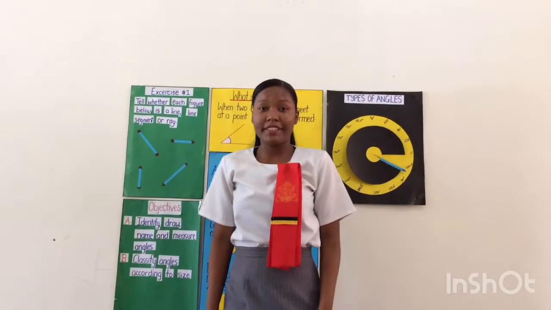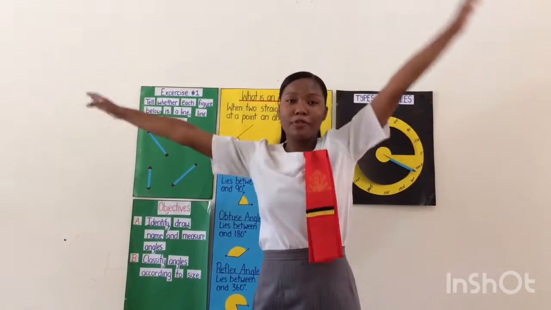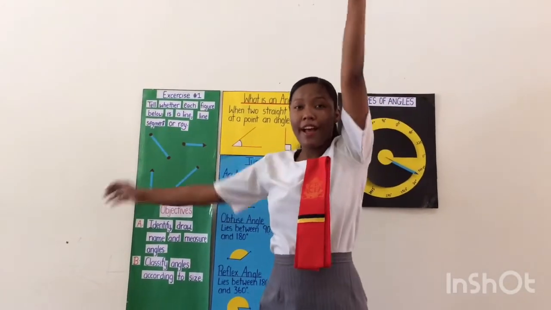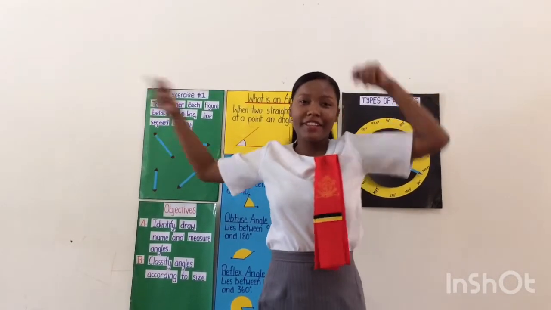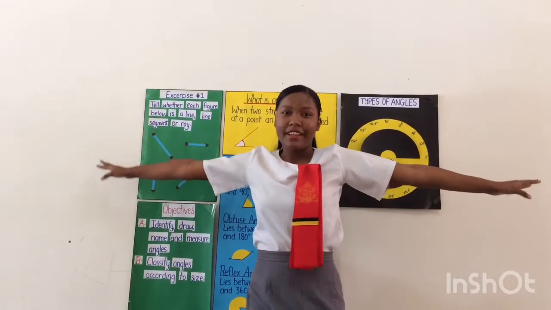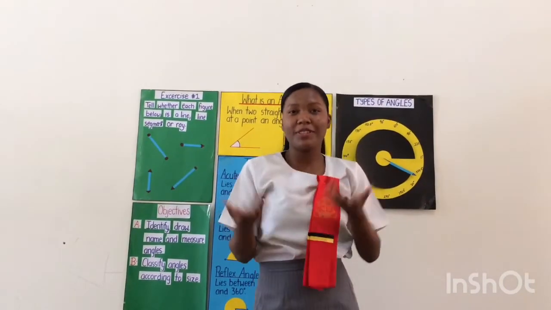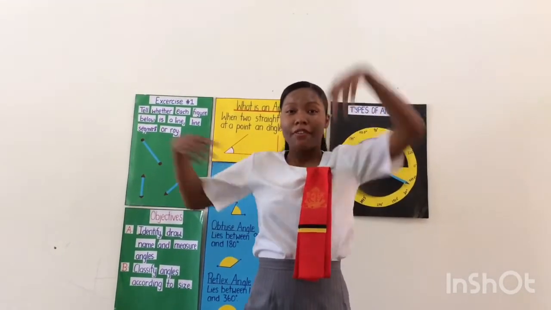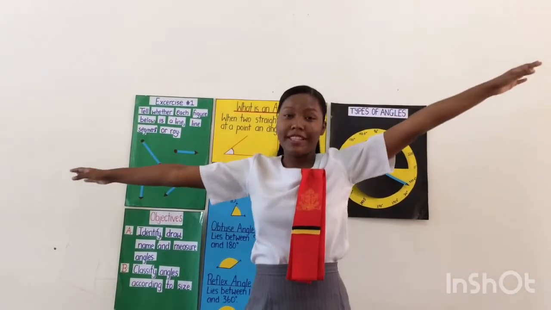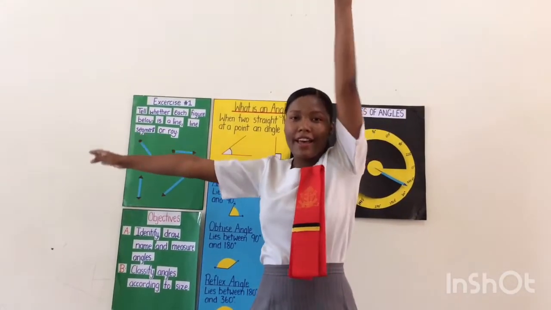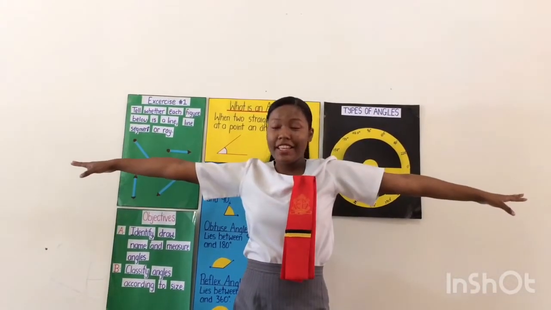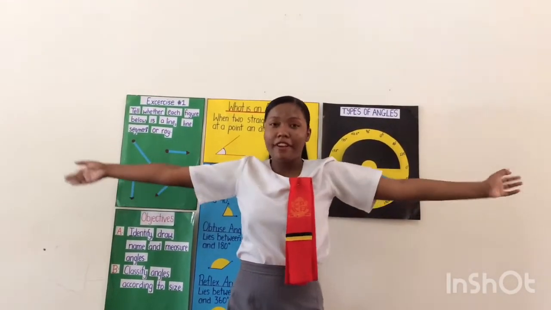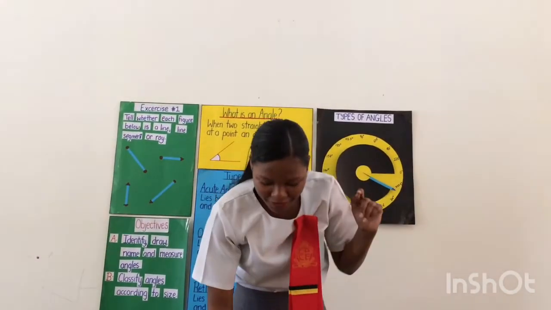The types of angles are right, acute, obtuse. The types of angles are straight angles equal 180. Come on everybody, I want you to sing with me.